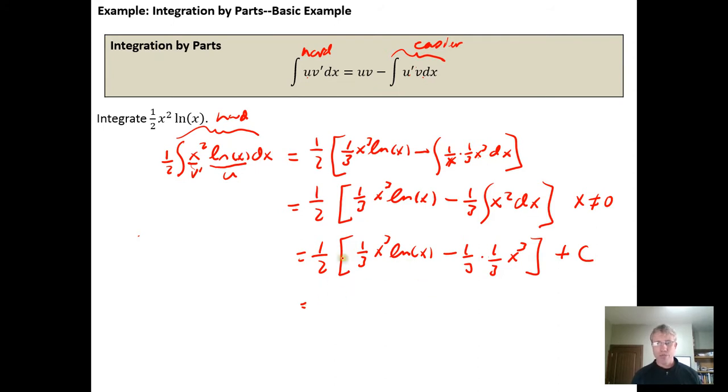And if I factor a 1/3 out, I'm going to wind up with 1/6 of x cubed natural log of x minus 1/3 x cubed. I could have factored out an x cubed as well, plus that constant of integration. So we might have chosen to factor the x cubed out here just because we can. It's not necessary to do that, but we did.